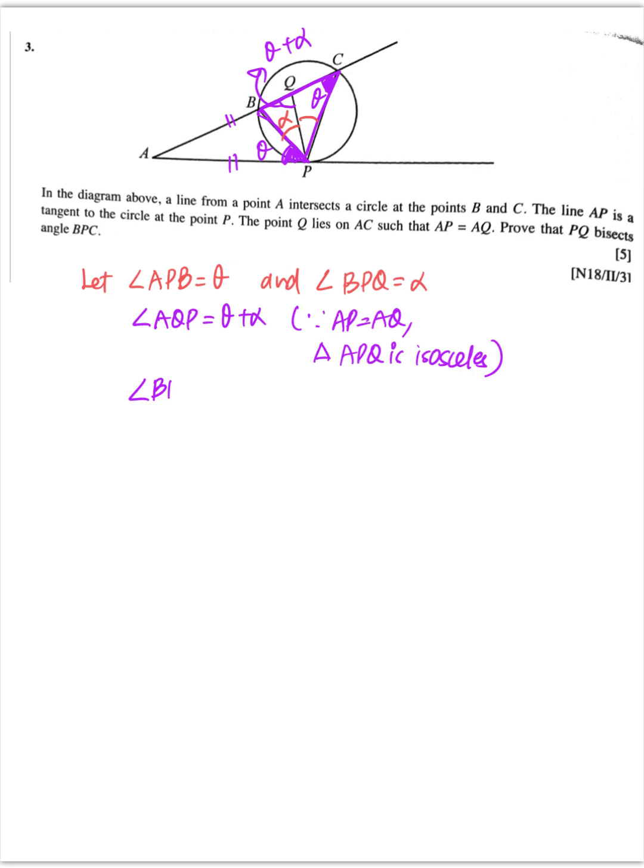BCP is equal to theta, right? Tangent chord theorem. Okay, so you need to write that it is equal to angle APB. Which angle? Okay, so I know that this is equal to theta.